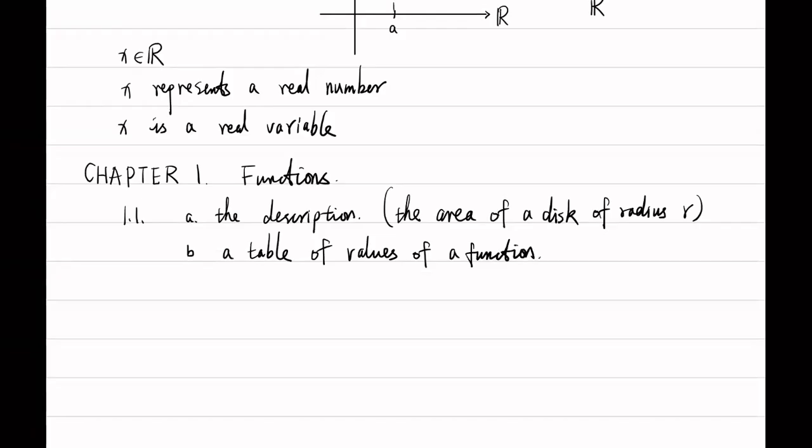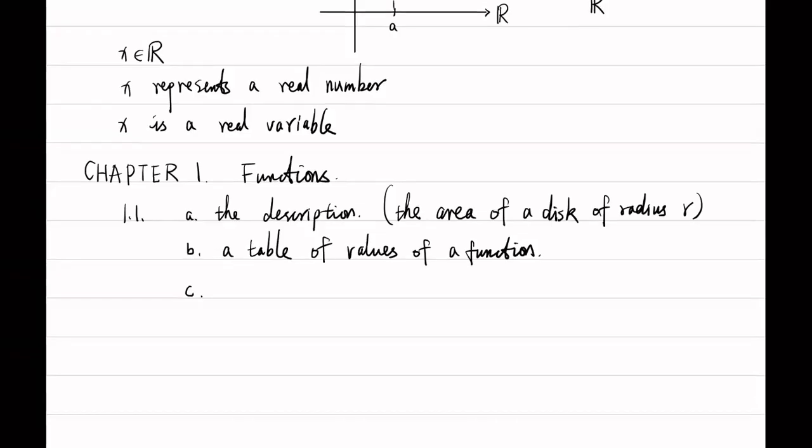We can go a little bit better. We go to the graph. If we have the graph, we can see the trend, whether the function becomes bigger or smaller. Or we have a formula, an algebraic expression.